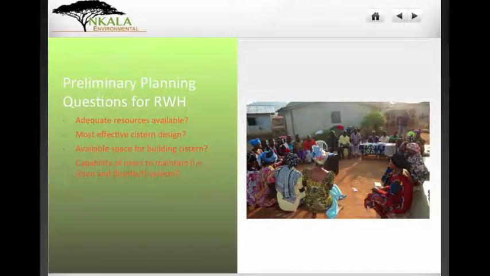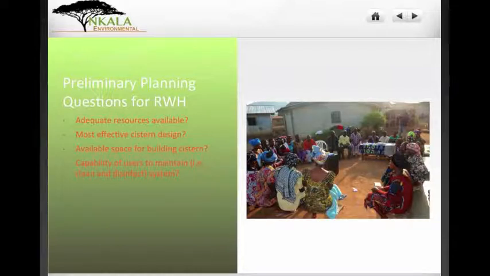These are preliminary questions, and the main thought here, if we want to differentiate rainwater harvesting from other types of water supply systems, such as boreholes or intakes from the river, is that rainwater harvesting is very much an off-grid technology.